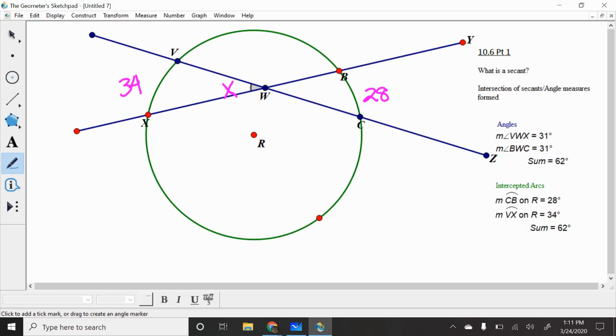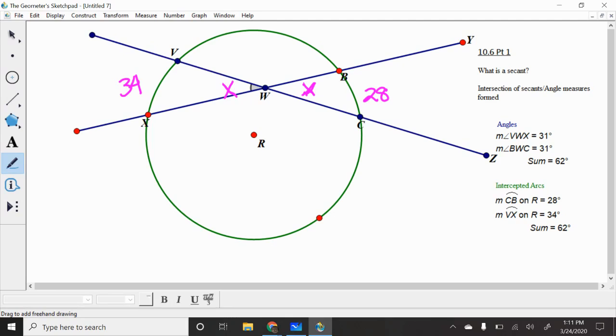So 34 is not its measure. But we do know that this angle over here is also X because they have the same measure. And we know that these two X's have the same sum as 28 and 34. So how would I go about finding X?